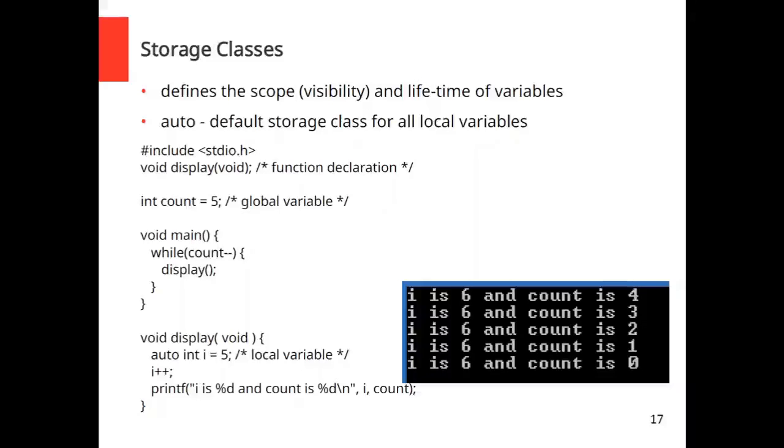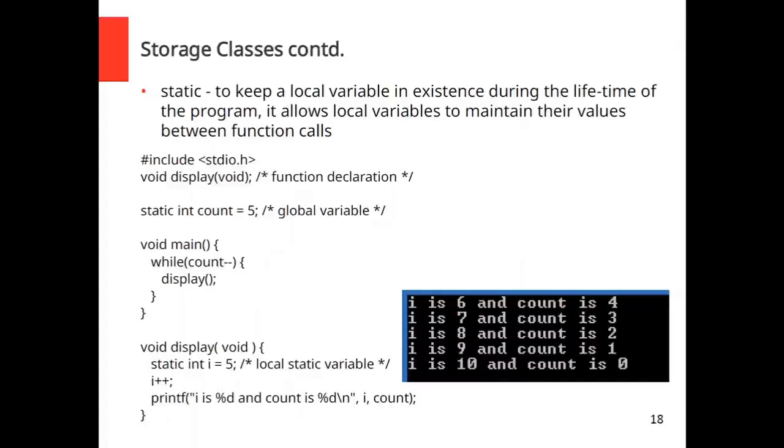That's why we're seeing i is 6, and since count is a global variable, the value is decrementing after each loop, and when it reaches 0 the function call stops and the program execution is completed. So for every function call the variable i is initialized and incremented. This is how an auto storage local variable behaves.